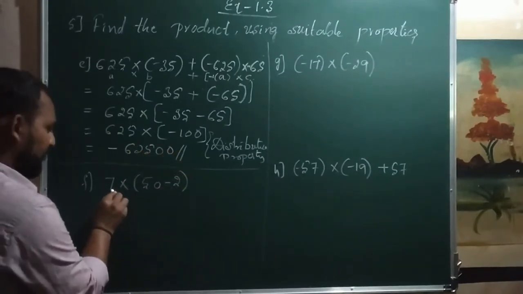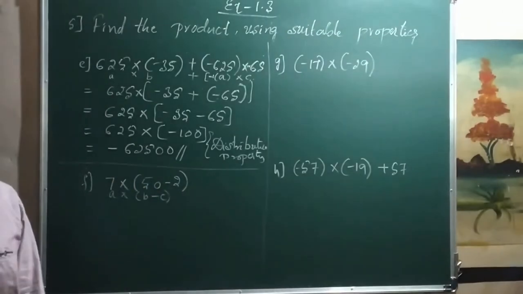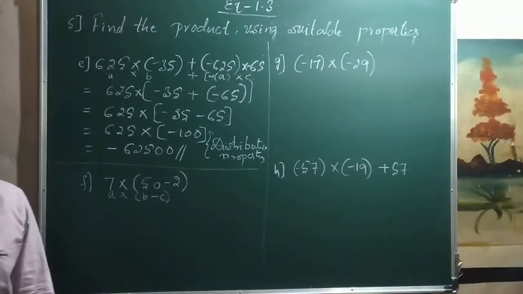The next one: here 7 into 50 minus 2, A into B minus C. Again the distributive property, the multiplication over subtraction.